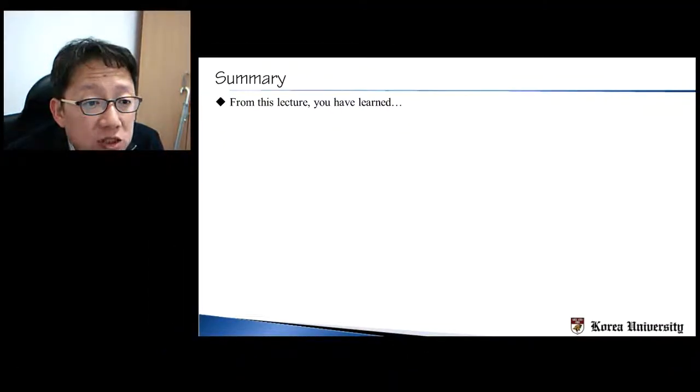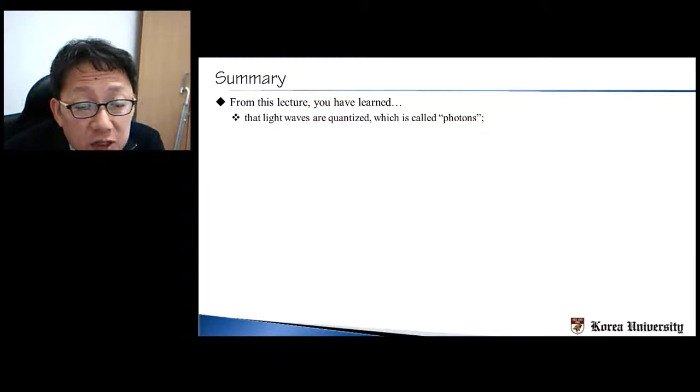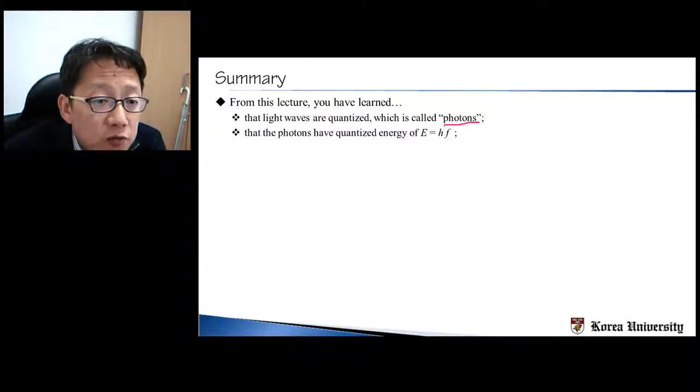Alright, from this lecture we have studied quantum physics, and we learned that light waves are actually quantized, and we called them photons following Einstein. And then we also learned that these photons have quantized energy, which is written as the Planck constant multiplied by the frequency.